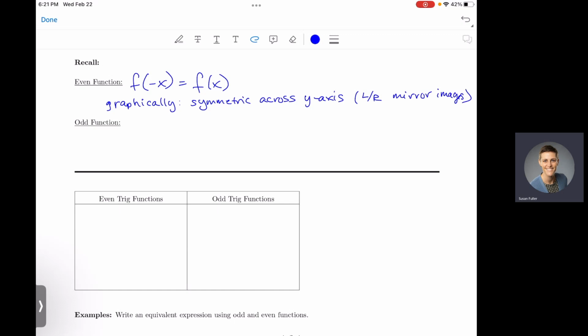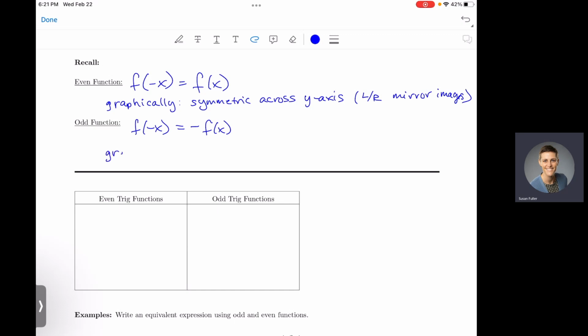And an odd function, again, if I plug negative x into my function, what I get out is the negative of my original function with a positive x value. So that's the definition of what an odd function means.